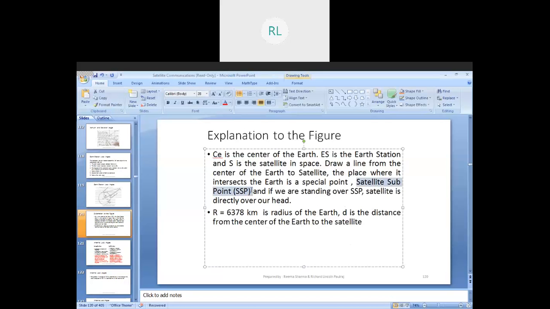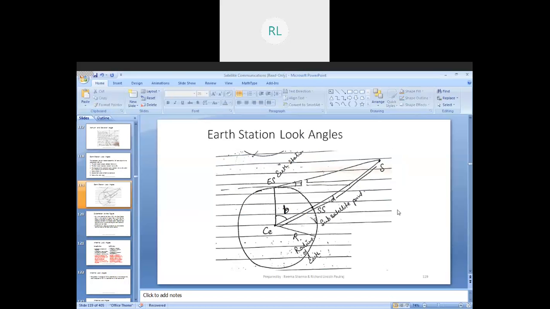Now there's an explanation here that you can make note of. Sub satellite point is a special point. If we are standing over the sub satellite point, the satellite is directly over our head, which means we are drawing a line and it should not make any angle.